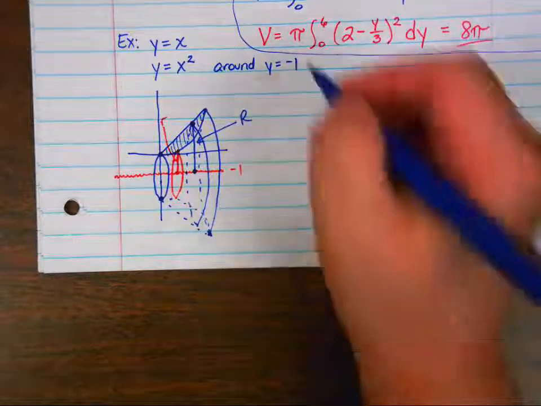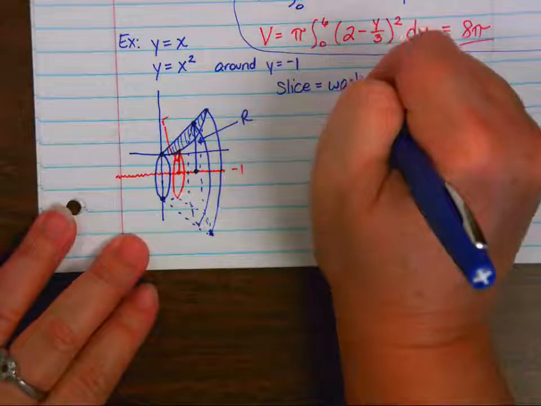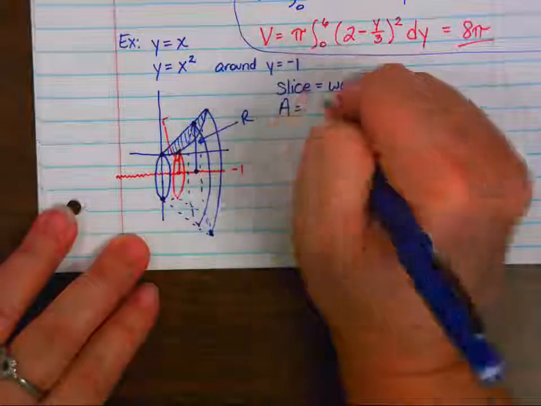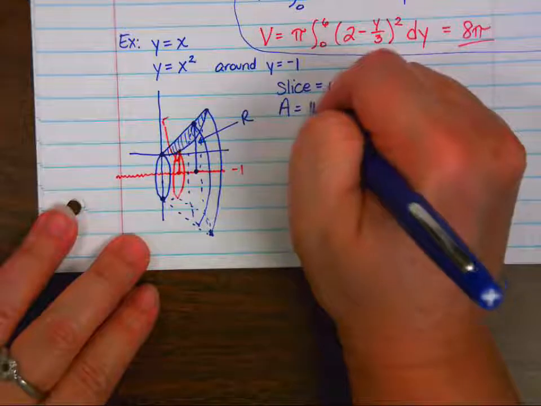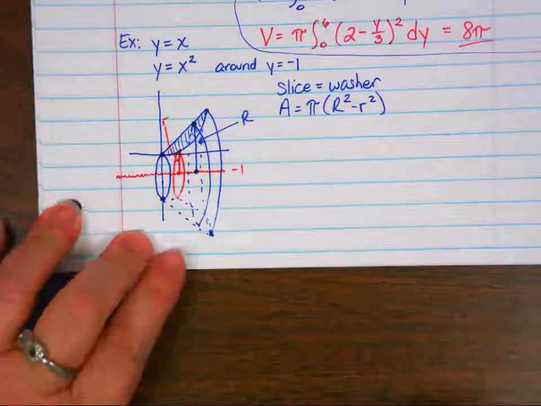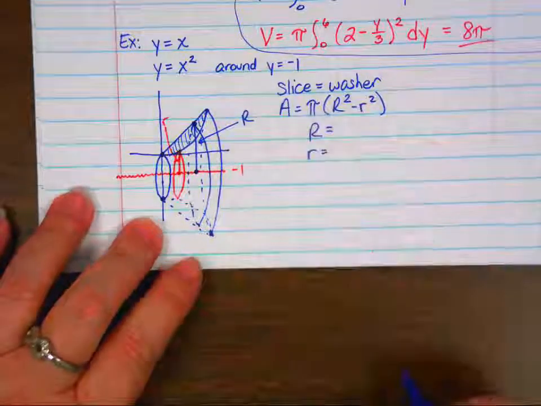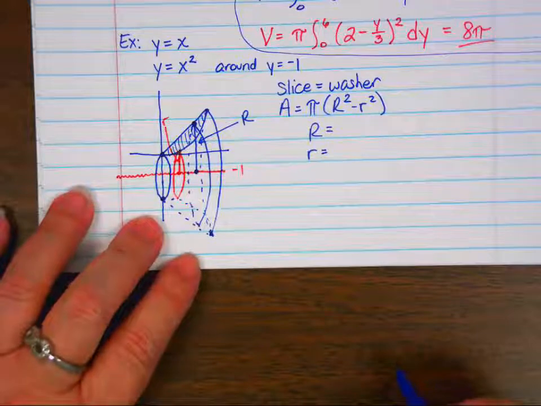Okay. The slice is a washer. The area formula, and you have got to memorize this formula: pi times (big R squared minus little r squared). And then we've got to find out what big R and little r are.